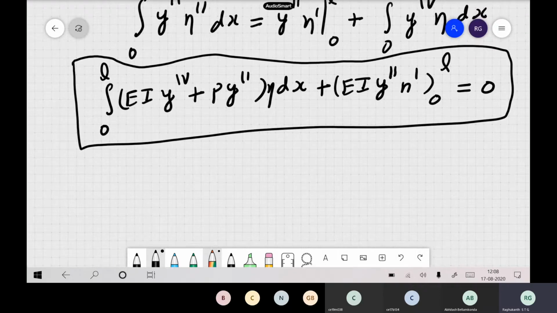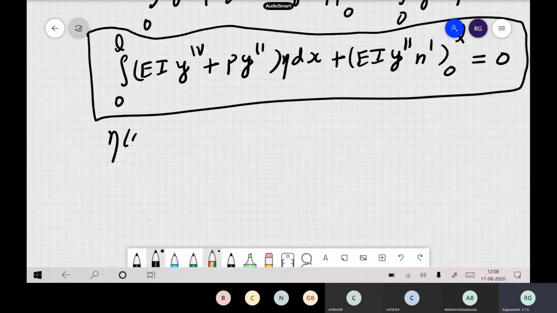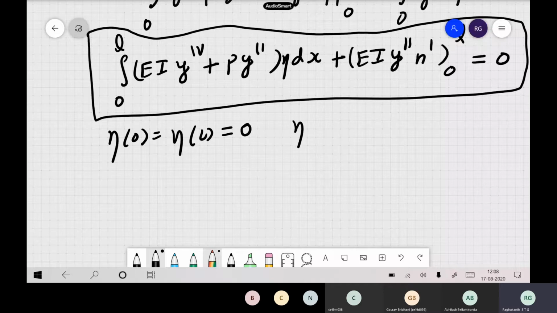Now if this has to be 0, we have the conditions eta at 0 and eta at L equal to 0; otherwise eta of x is an arbitrary function.